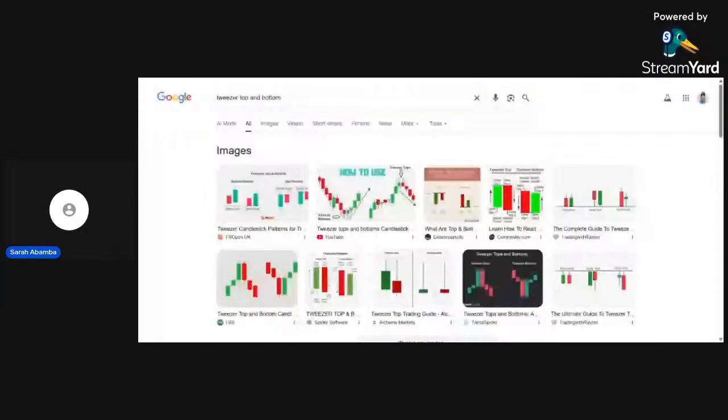I think my network is slow, but it should have been showing by now. Can we see it now? It's not showing. Let me go back and see.